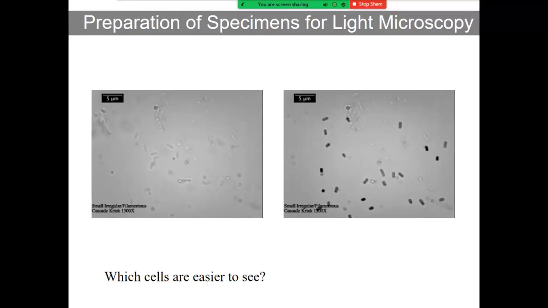The only difference between the cells on the left and the cells on the right is that the cells on the right are stained with a dye. The cells on the left are not stained with a dye. And this is showing you the importance of staining and allowing you to better see your object, or in this case, your cells.